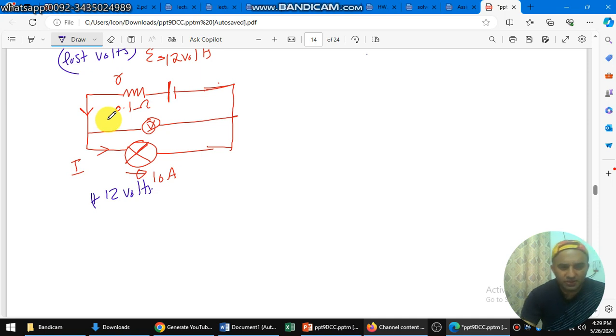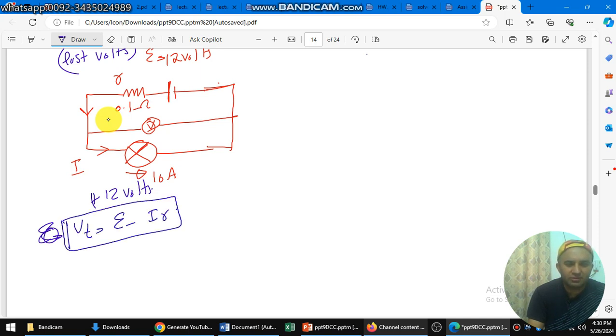So the basic formula is Vt is equal to E minus Ir. This is the formula to find the terminal potential across this bulb. Vt is the terminal voltage, the terminal potential, which can also be represented by VAB.